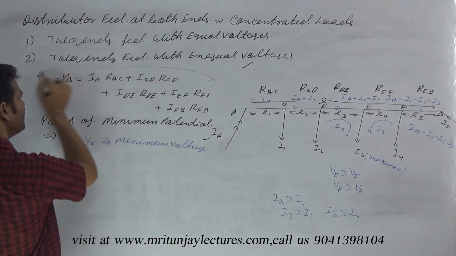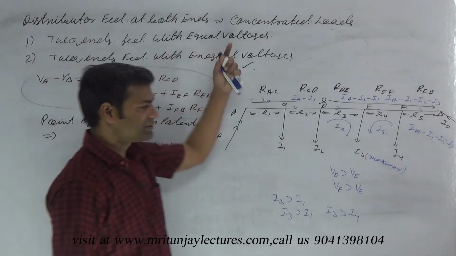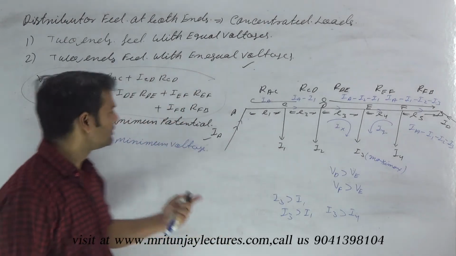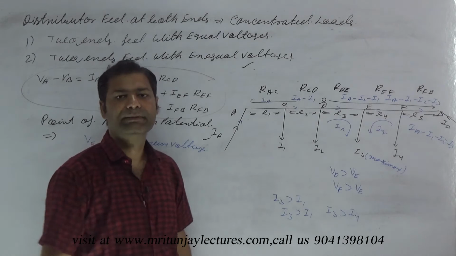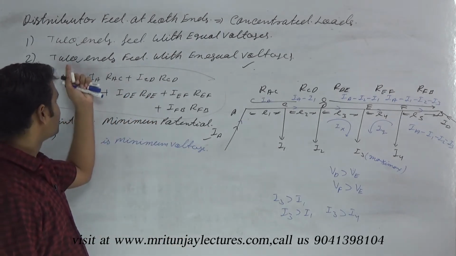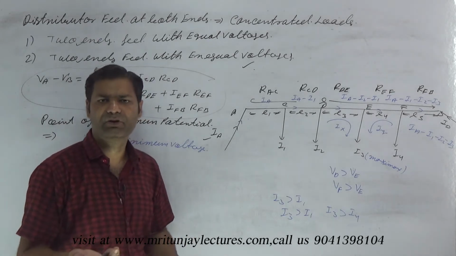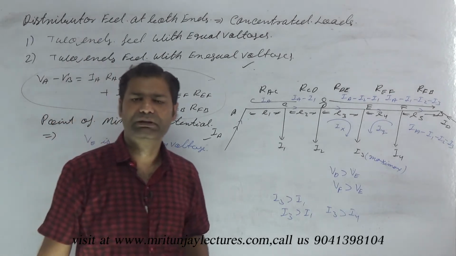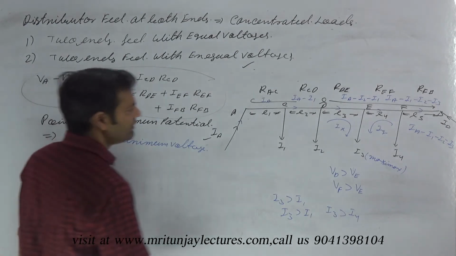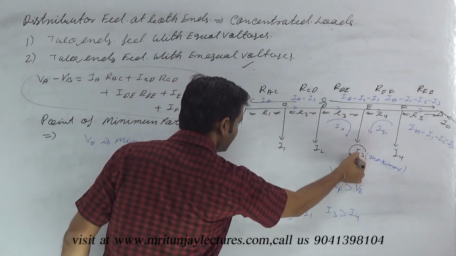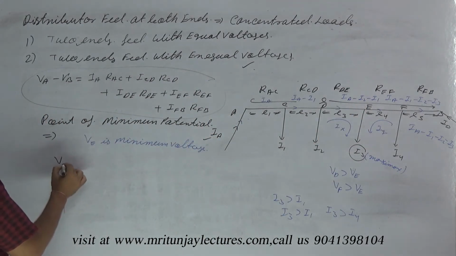With the help of this formula, if VA minus VB is 0 for the first case, we solve it and get IA. And for the unequal voltage case, VA minus VB is whatever we get, suppose 5 volt or 10 volt, and with this we get IA. After that, if this current is the maximum current and this voltage is the minimum, how can we determine VE?